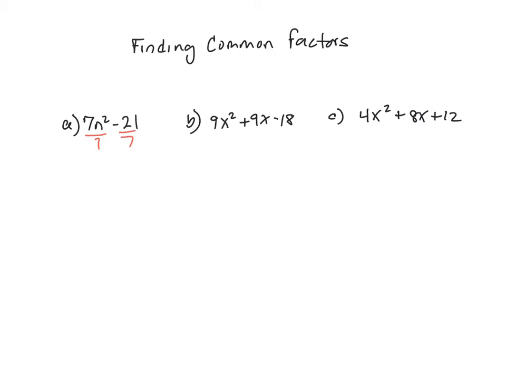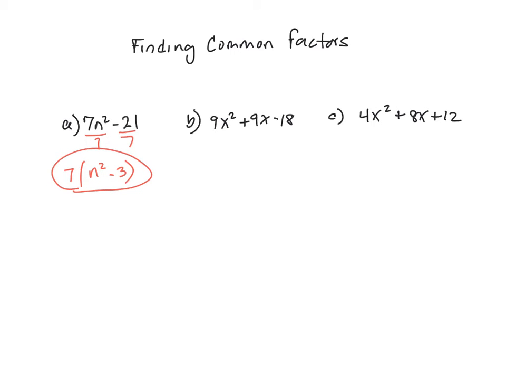If I factor out a 7 from each one first, that would leave behind n squared minus 3. With what we've learned in class, that is not factorable any further, so that would be my final answer.